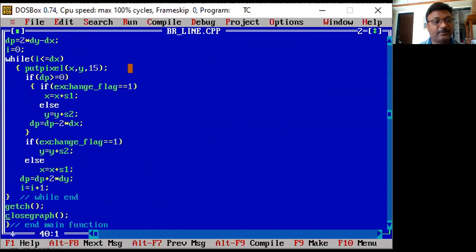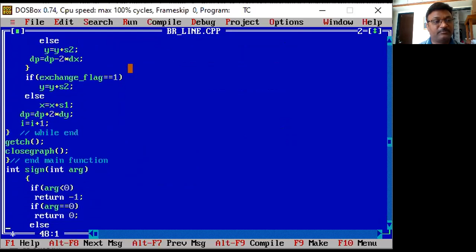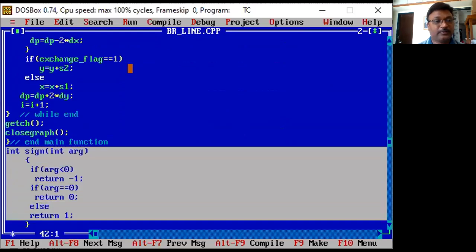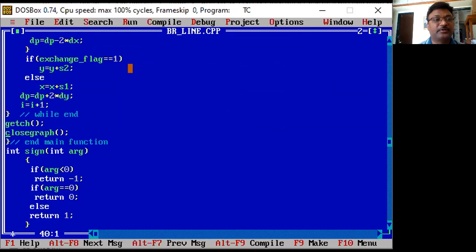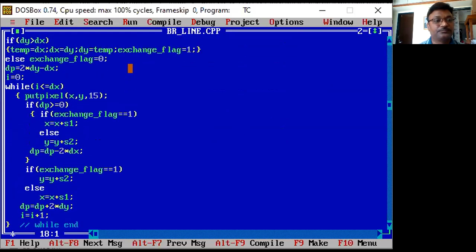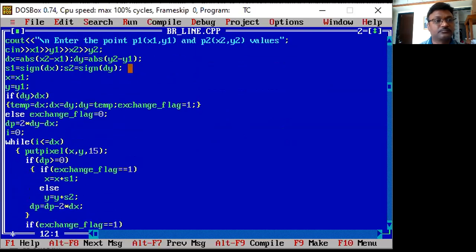Here I have declared this function, and where have I called this function? Here. See, the sign function I have called here. So the S1, S2 values indicate whether it goes in the x direction or y direction.